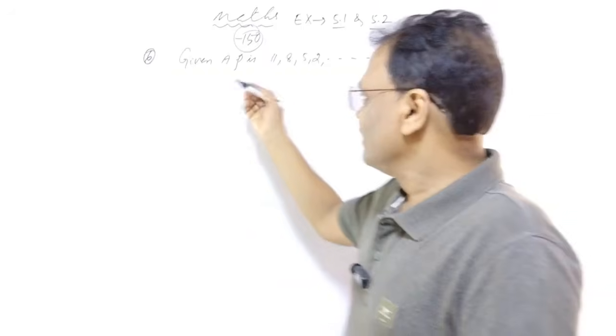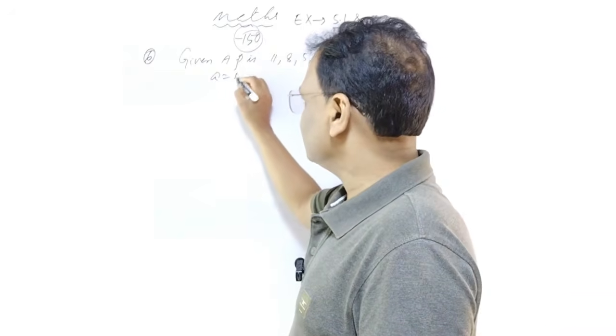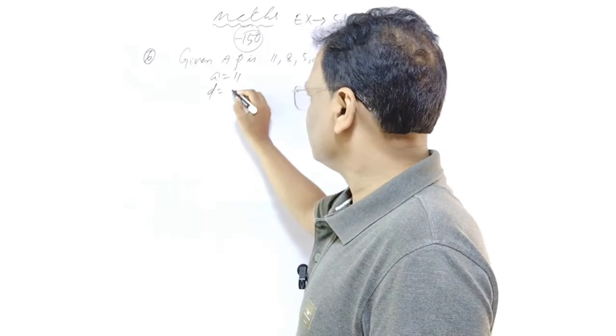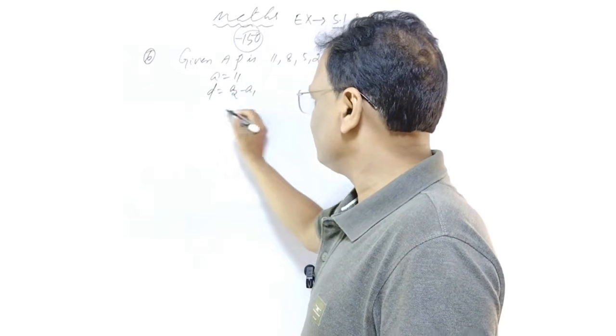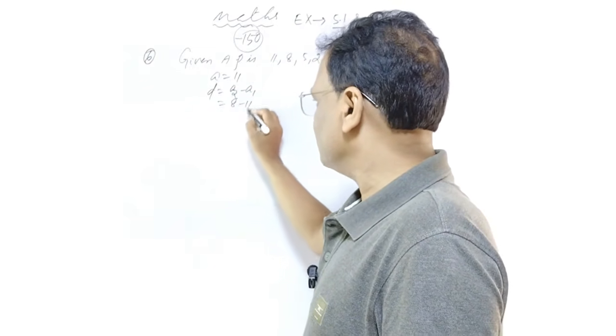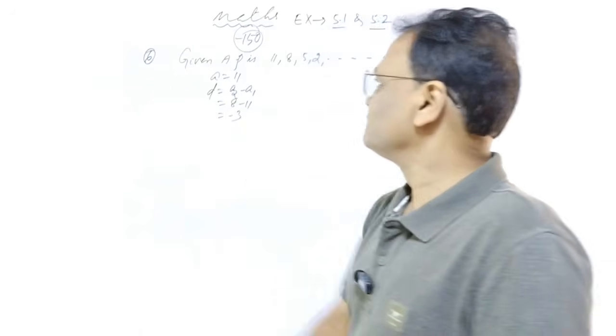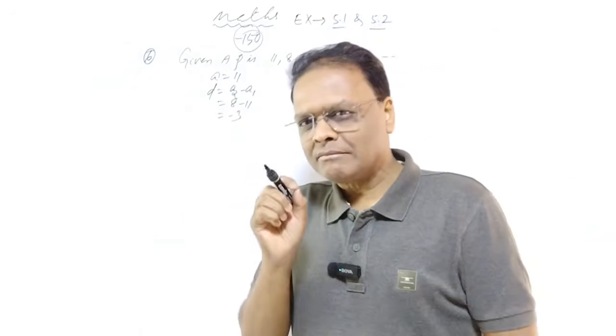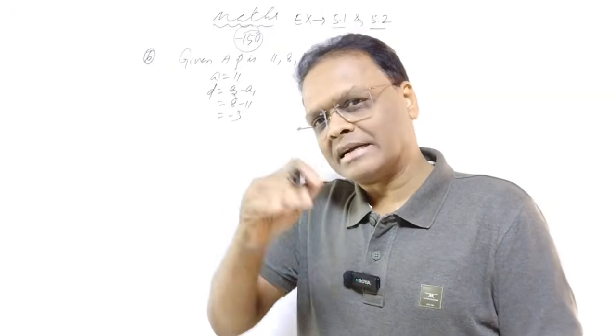Let's check. What is A? Very simple, A is 11 as usual. What is D? D is A2 minus A1. A2 is 8, so 8 minus 11, that is your minus 3. Now, to check whether minus 150, whatever term he has given, I'll consider that as my AN.